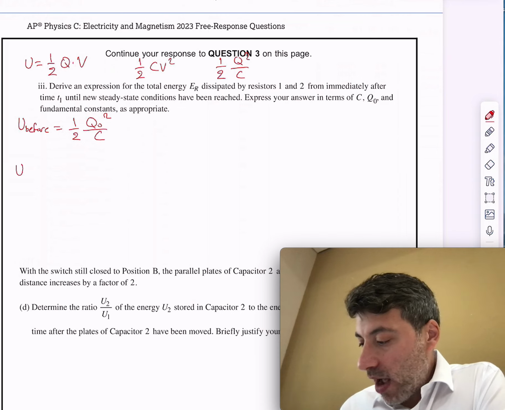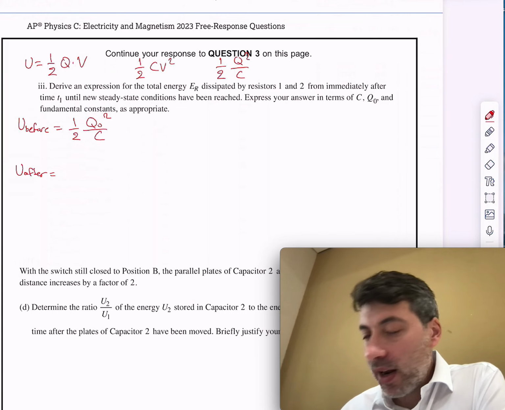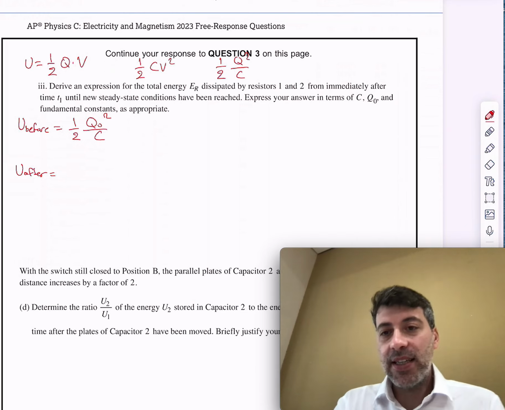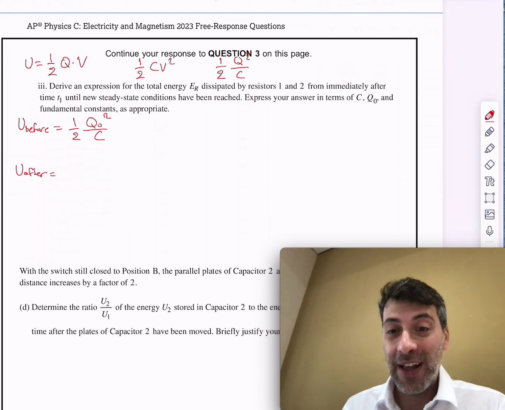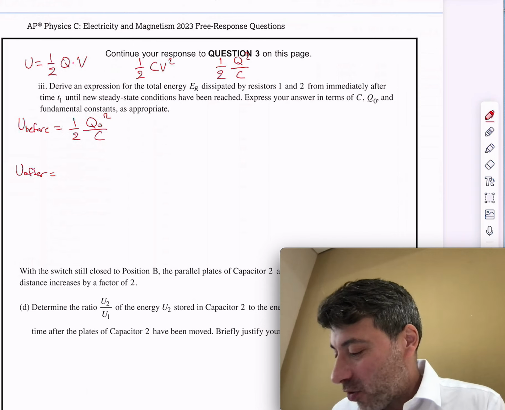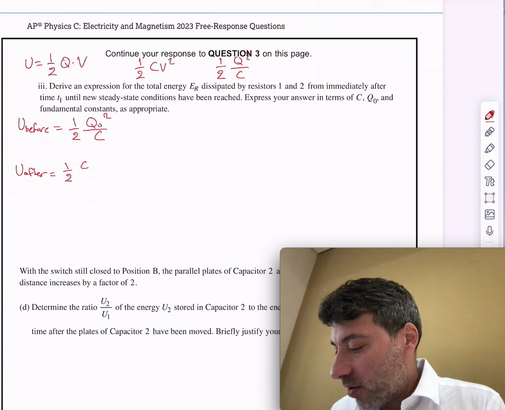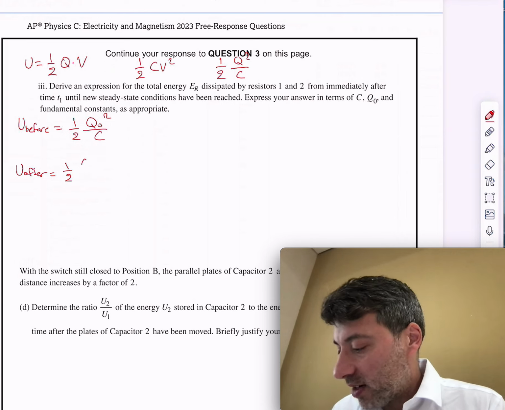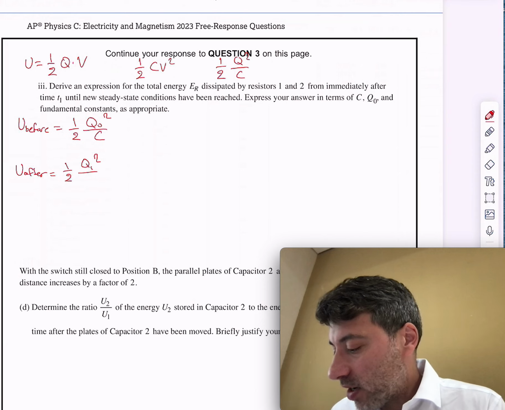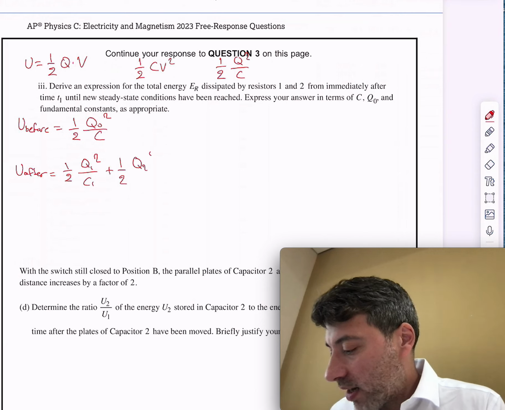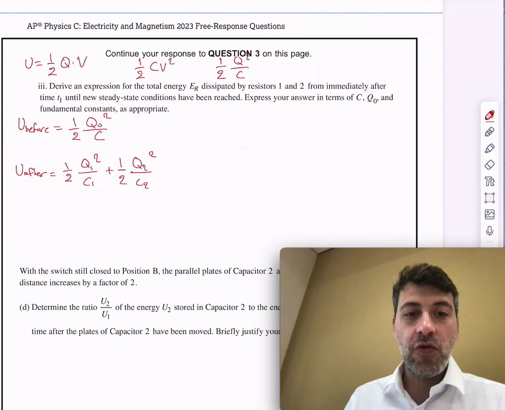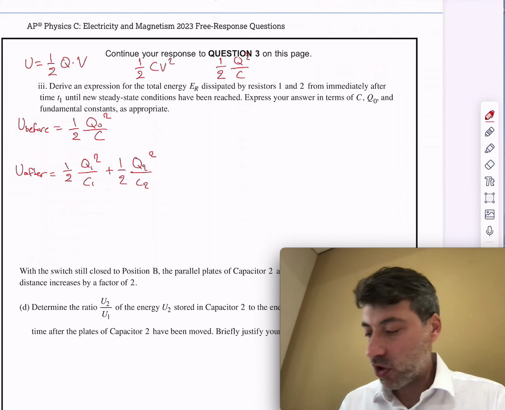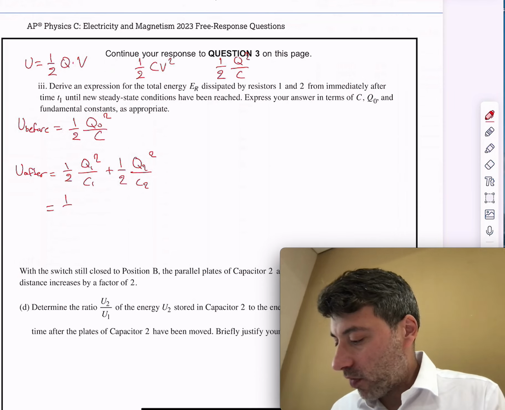And the U after is equal to the energy of the first capacitor plus the energy of the second capacitor. So 1 over 2 Q1 squared divided by C1 plus 1 over 2 Q2 squared divided by C2. These Q1 and Q2 are the charges a long time after we close the switch. So it will be 1 over 2.